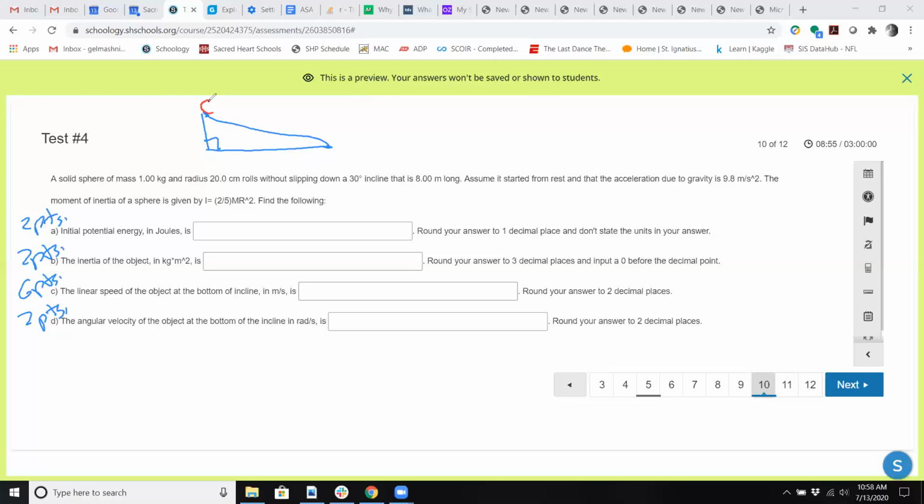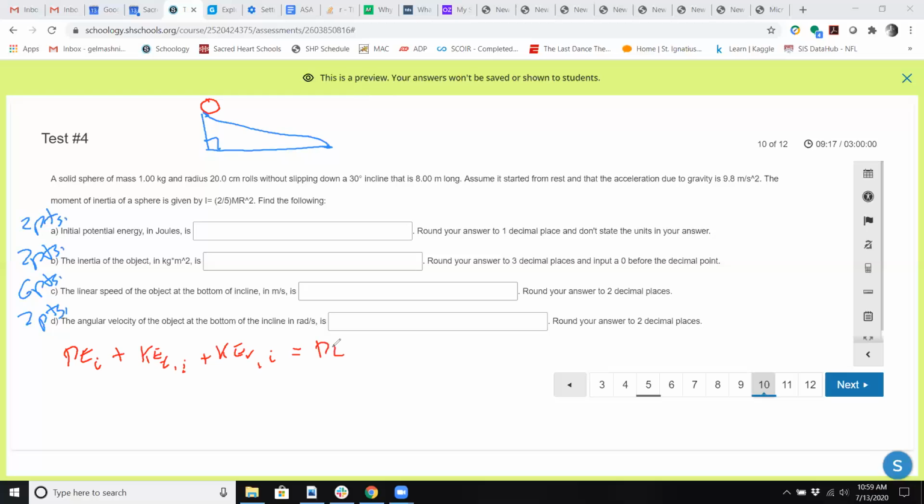So here's the ball. It's rolling down the incline. I would probably start off with the initial potential energy plus the initial translational kinetic energy plus the initial rotational kinetic energy, which are actually both 0.